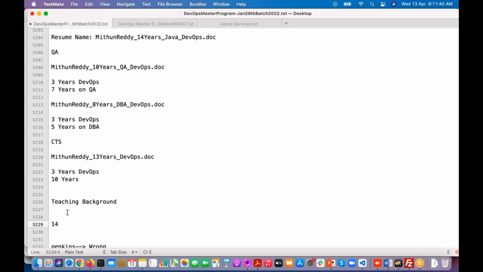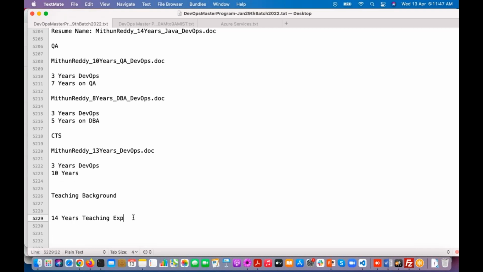He had 14 years of teaching experience. He is from Tirupati, and from his batch around 6 to 7 people got DevOps profiles; earlier they were working as assistant professors in engineering colleges.